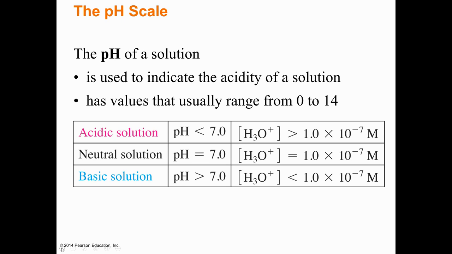So acidic solutions, and let me put it here kind of as a number line. You have neutral, which has an H3O plus concentration of 1.0 times 10 to the negative 7, and that equals the hydroxide.